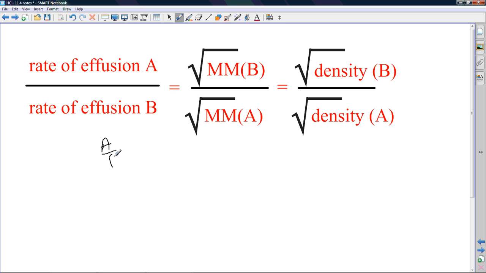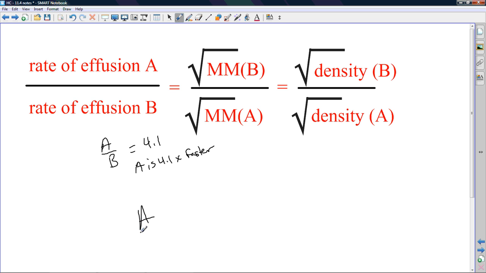A compared to B. So we might get an answer of 4.1. What does that mean? That simply means A is 4.1 times faster.